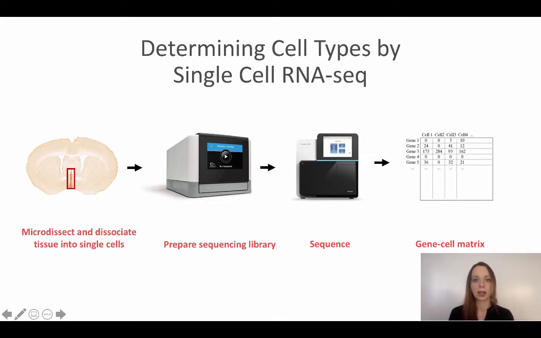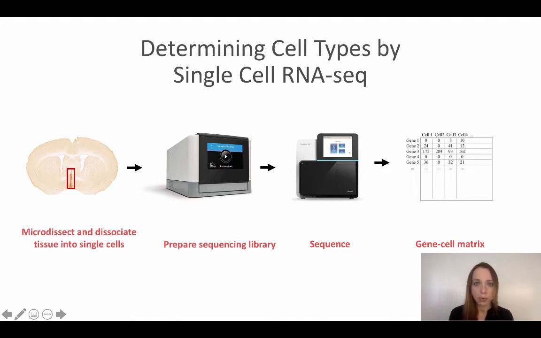We microdissect out the brain region of interest and process the tissue with enzymes that break it apart into single cells. Then we put it through a microfluidics platform that captures single cells in small reactions, where you prepare a sequencing library from expressed genes from those cells.